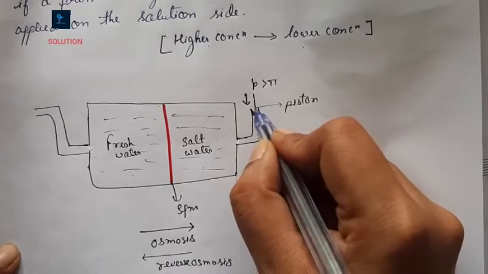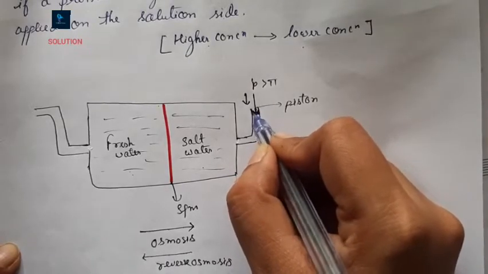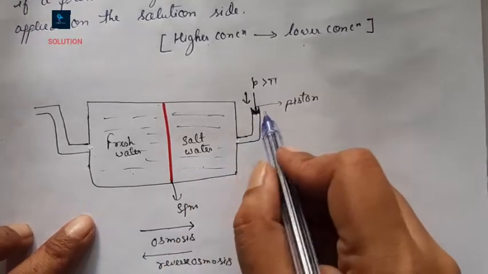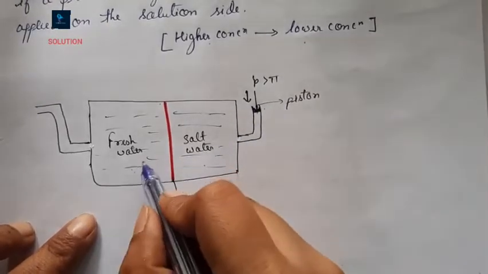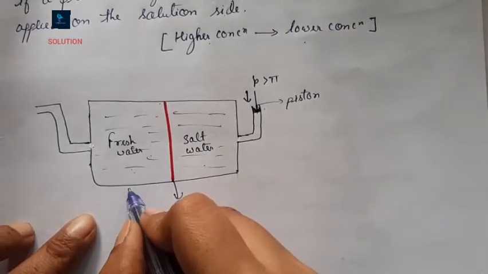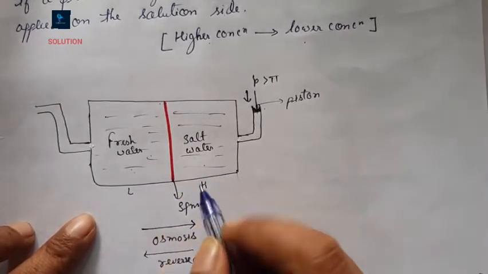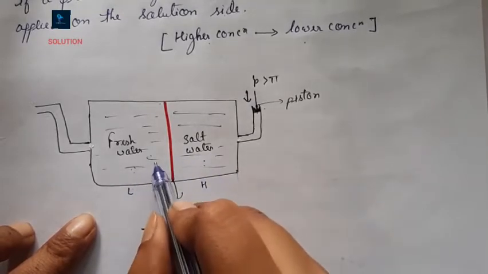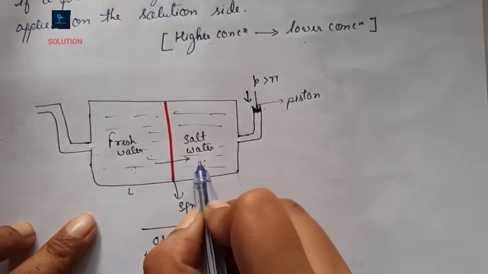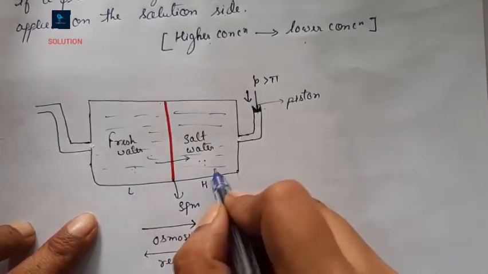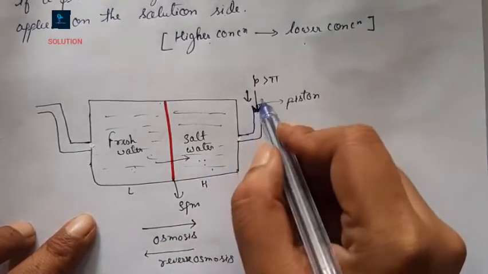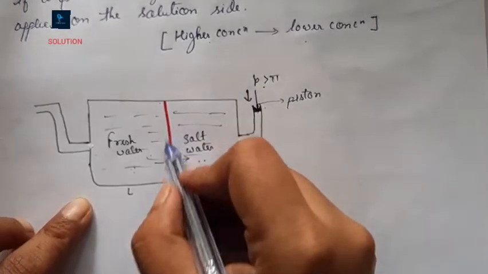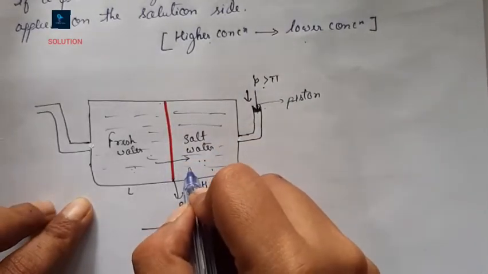Before applying the pressure, the water side is the lower concentration and this is the high concentration. The water moves to the salt water. It means the flow is from left to right, low concentration to higher concentration. But when we apply the osmotic pressure, it stops the flow of this solution.